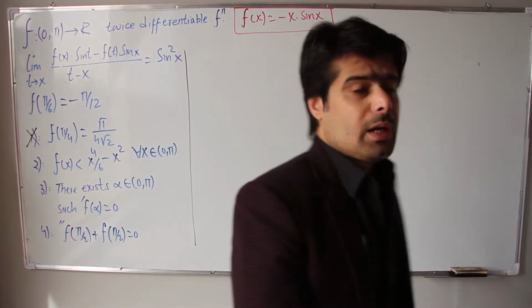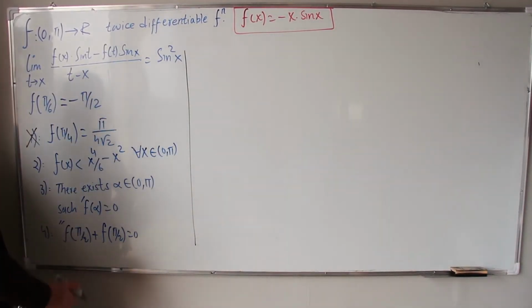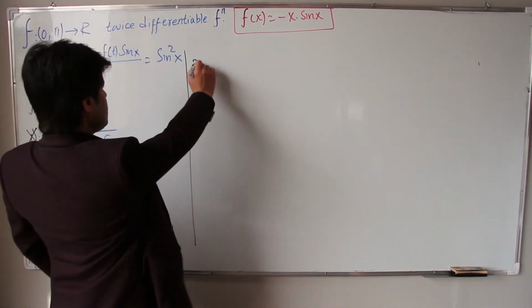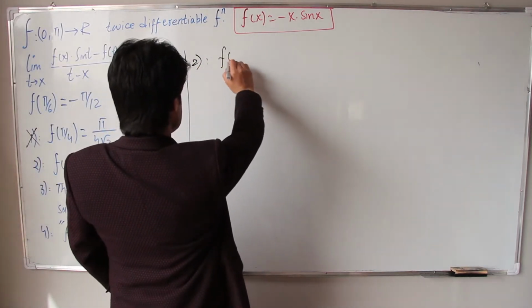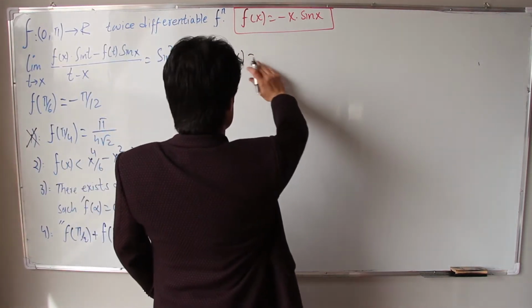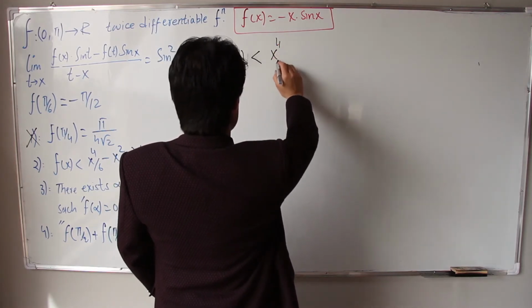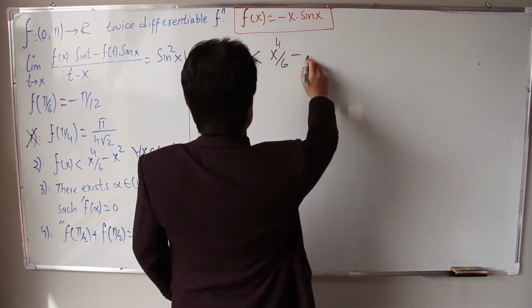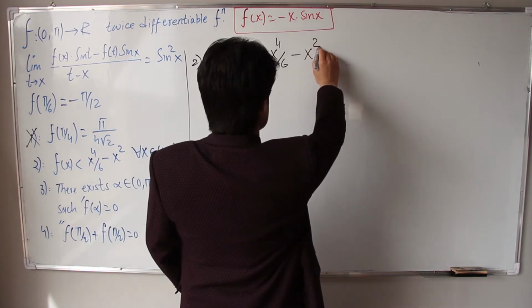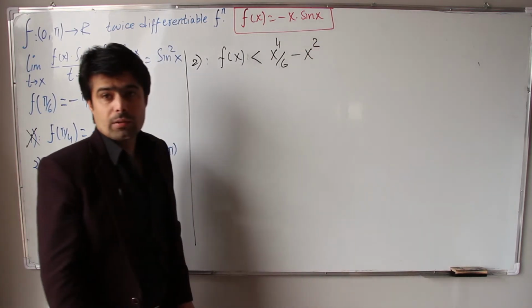Okay, come to the second answer. We have this situation in number 2. If f(x) is smaller than x to the power 4 divided by 6 minus x squared, is this one right or not?